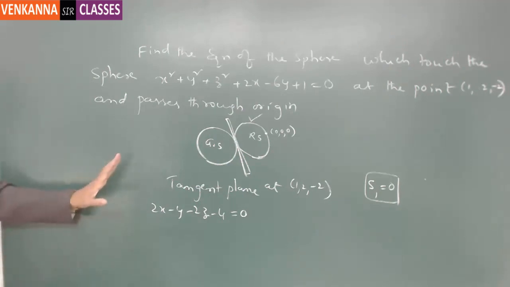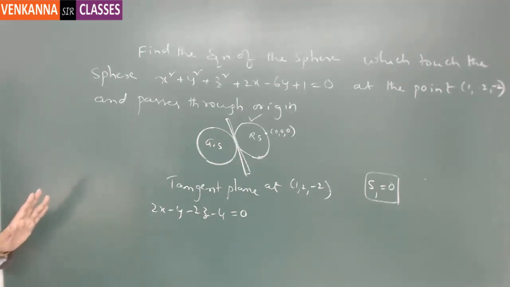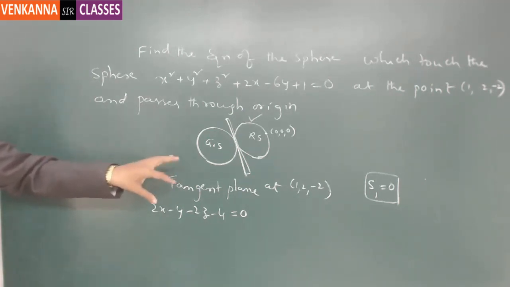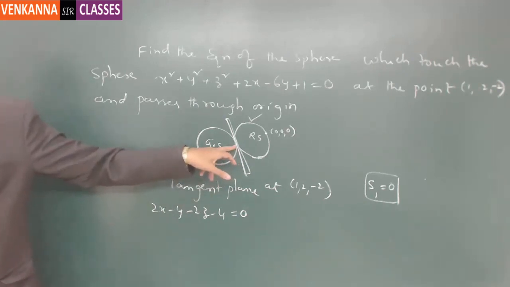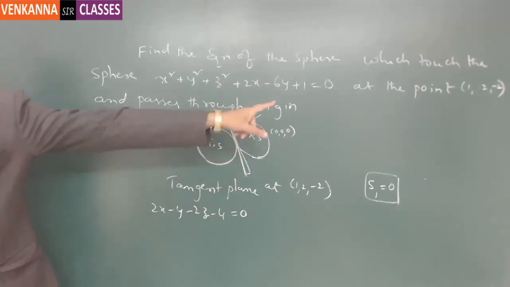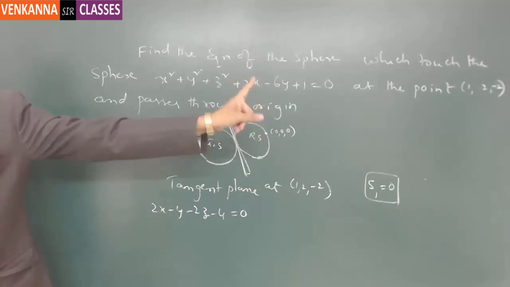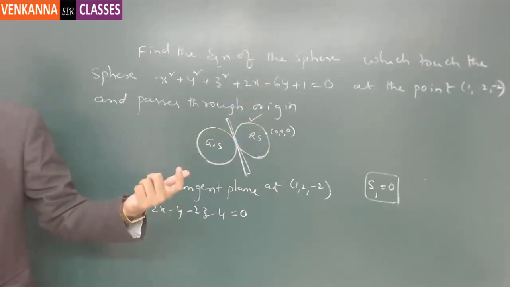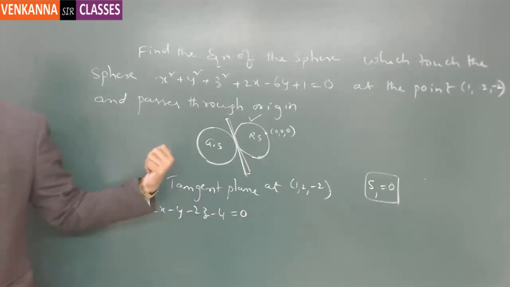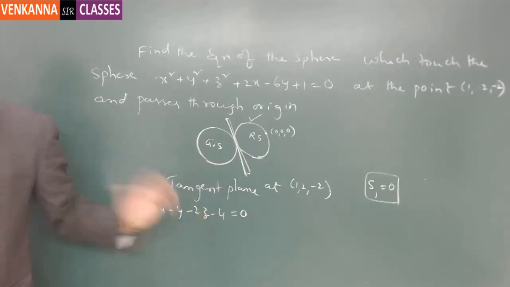Now, why have I calculated the tangent plane here? That was the question. If you calculate the tangent plane at this point, in other words, the given point (1, 2, minus 2) is the common part for the given sphere as well as the plane.